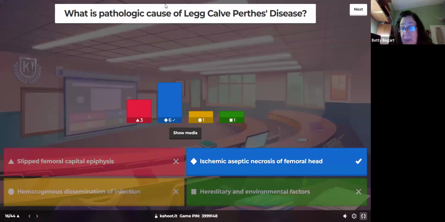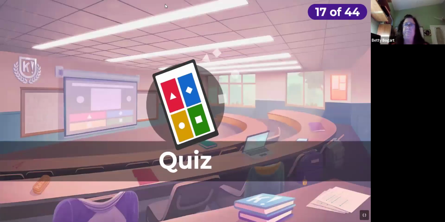It's an ischemic aseptic necrosis, which means there's no blood, there's no infection, and the tissue, the femoral head, is dying. And our goal is to protect that head. How do we protect it? Bed rest, maybe Buck's traction, good nutrition. All right. Buck's traction is great for that one at home.